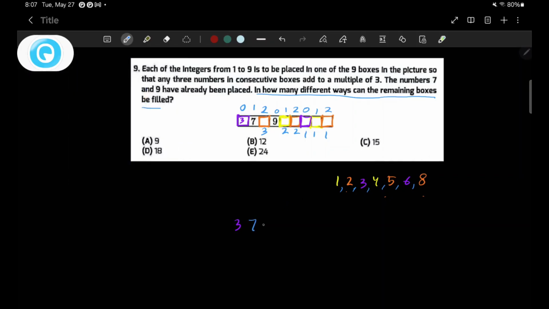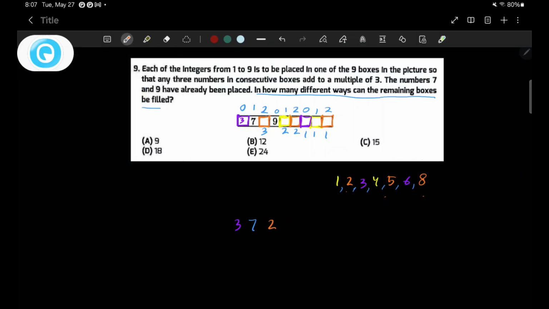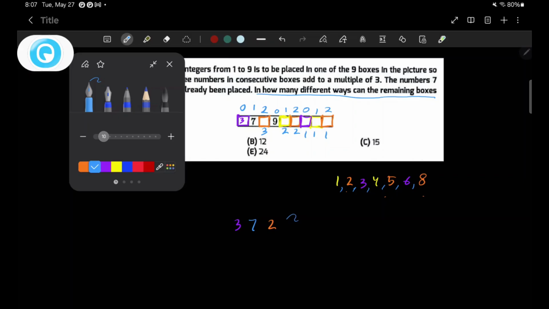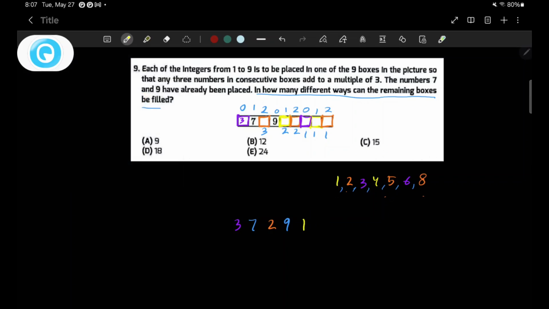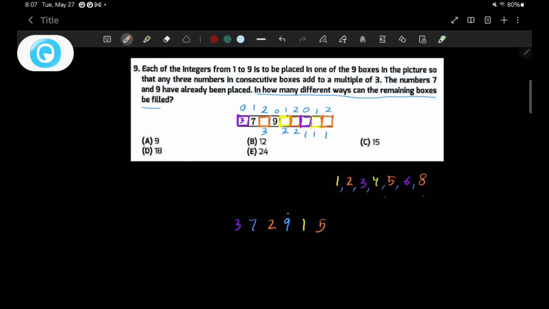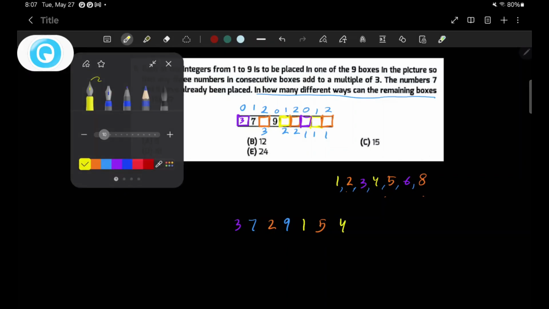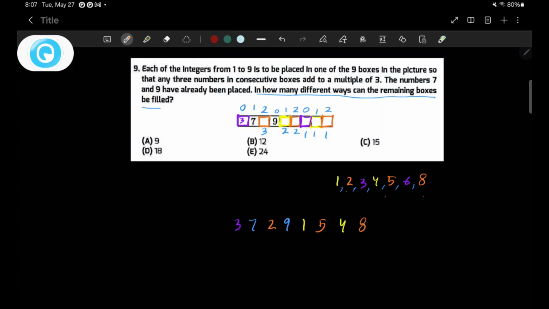Then we have 9, which is already given to us. Then from the yellow 1. Then from the orange, let's say 5. Then from the yellow 4. And then from the orange 8. So this is one of the numbers.